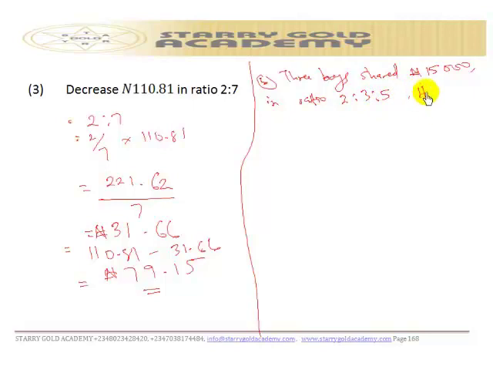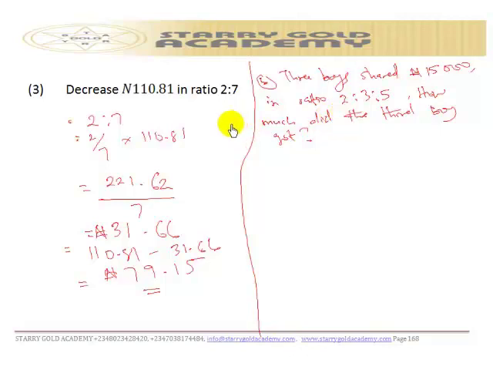How much did the third boy get? Alright, how much did the third boy get? 3 boys shared 15,000 in ratio 2, ratio 3, ratio 5. How much did he have?